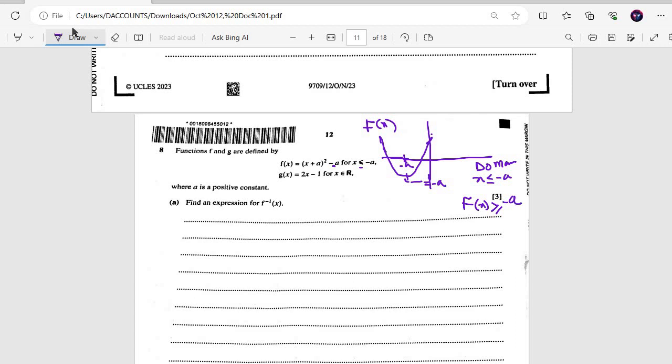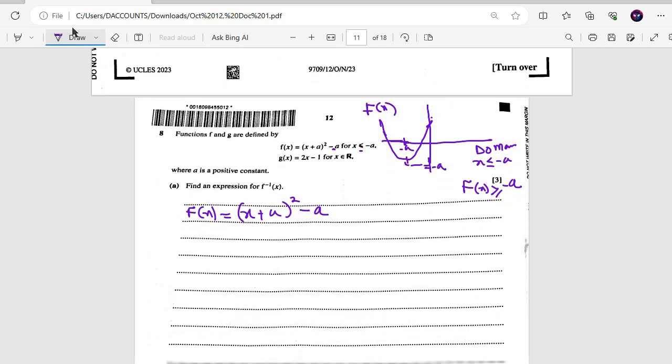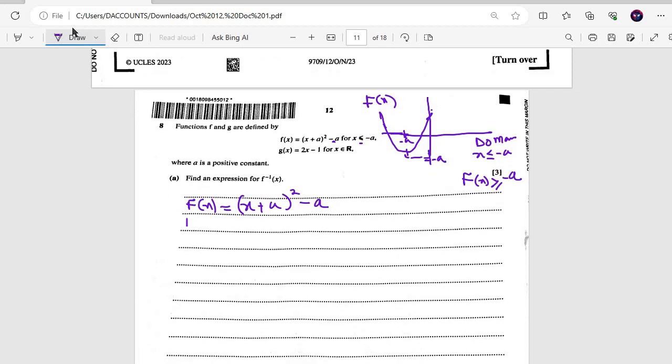Or, okay, I'm still coming back to it anyway. Don't worry. Find the expression for the inverse of f. Since f of x is x plus a all squared minus a, let's find the inverse.